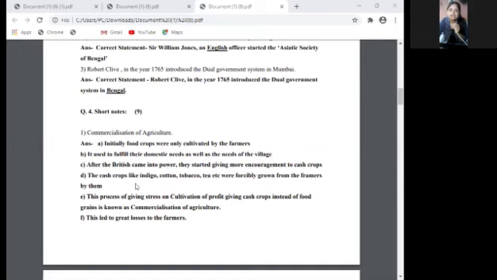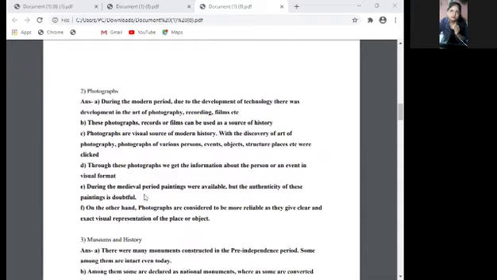So cash crops like indigo, cotton, tobacco, tea, etc. were forcibly grown by the farmers. This process of giving stress on cultivation of profit-giving cash crops instead of food grains is called commercialization of agriculture. And this led to great losses to farmers. If you've written all these points properly, a few words here and there in your own words, but these important points should be included, then you get 3 marks.